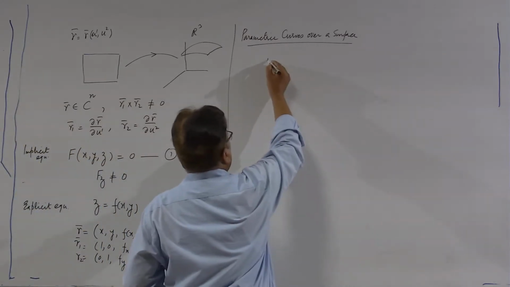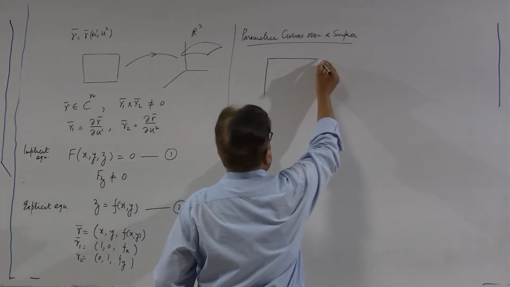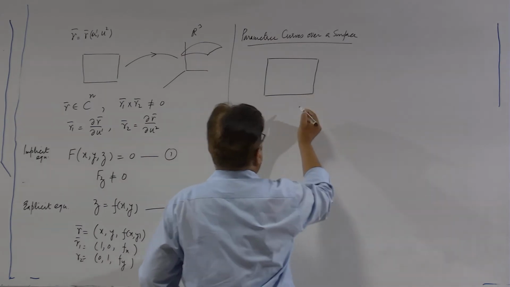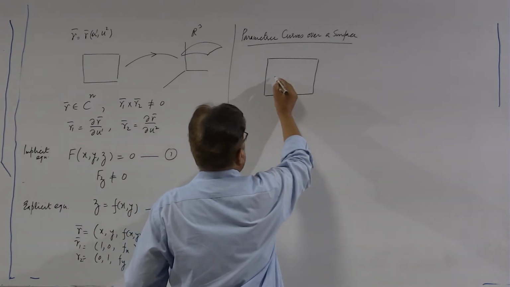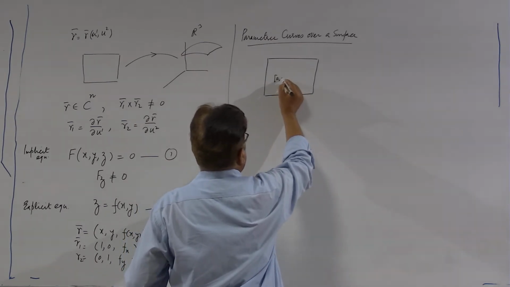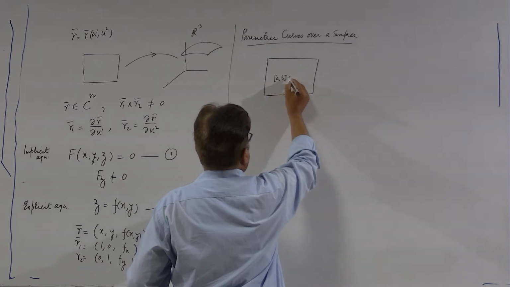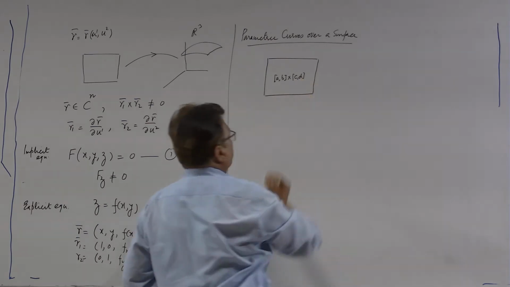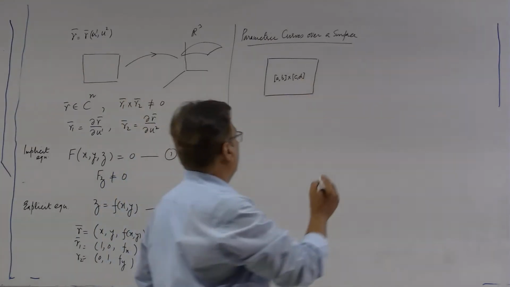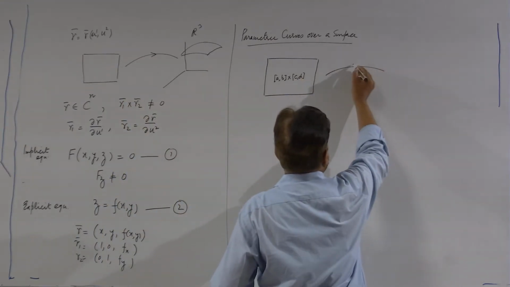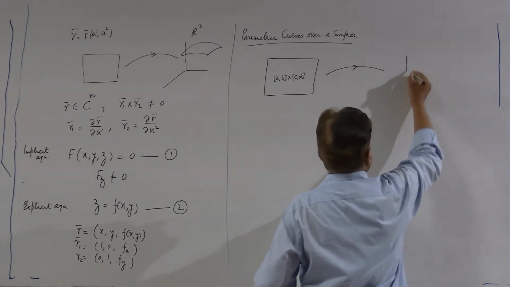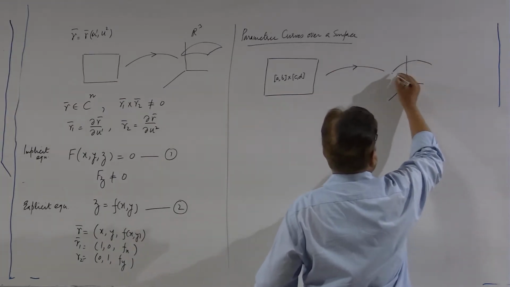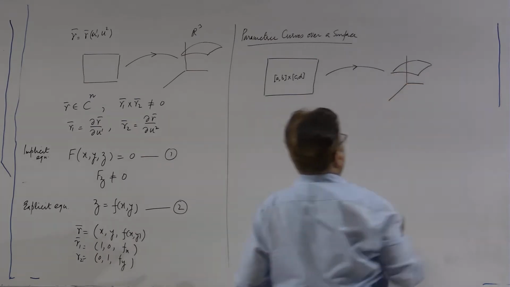For simplicity, let us take a rectangle, which is the Cartesian product of two intervals [a, b] and [c, d], and this is being deformed through some vector valued function into R3, and the resulting object is a surface like this.